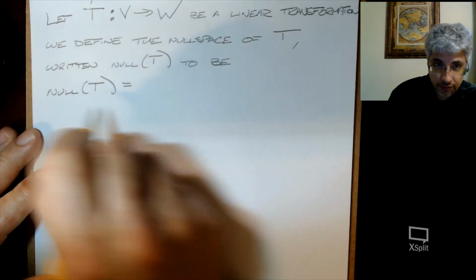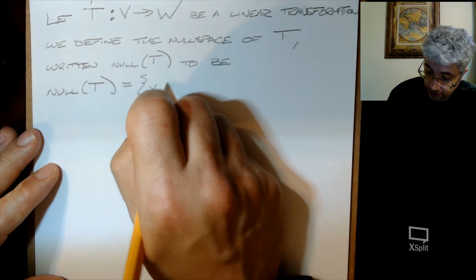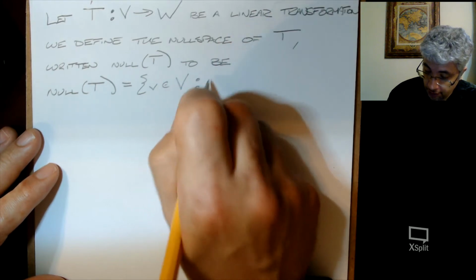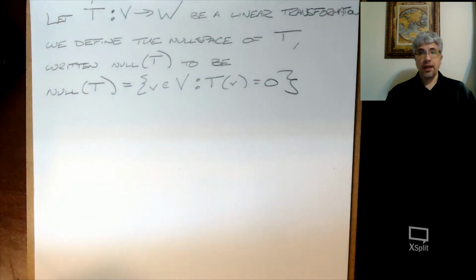It's a little redundant for me to write that there, but I felt like it. So everything that goes to 0 is the null space, okay, by this transformation.